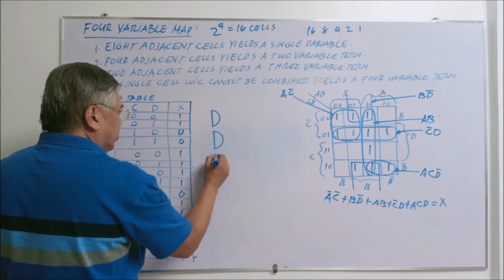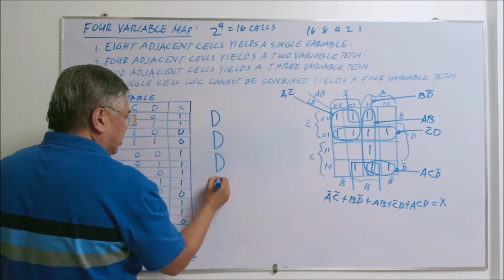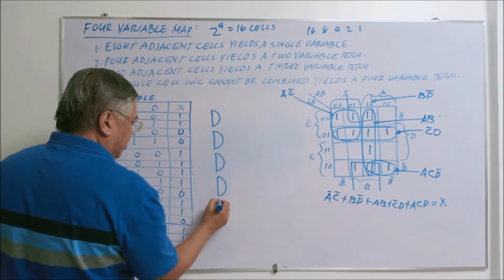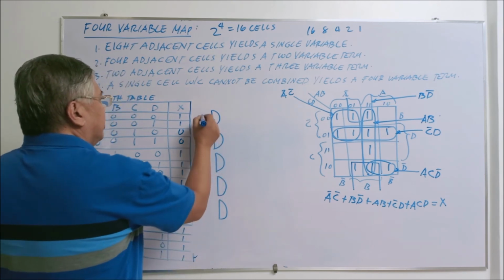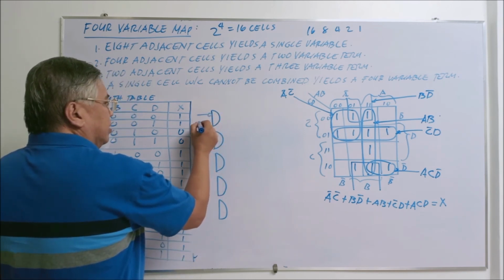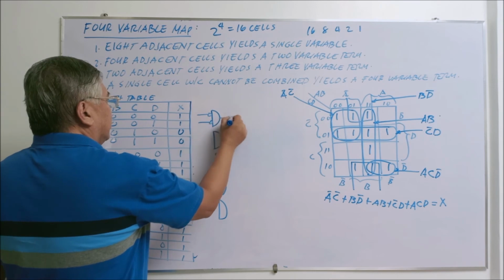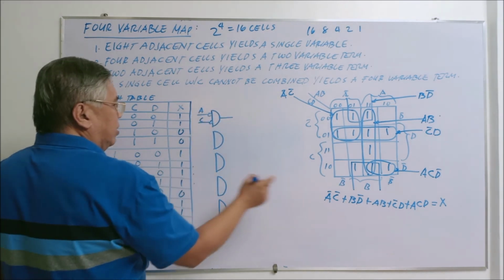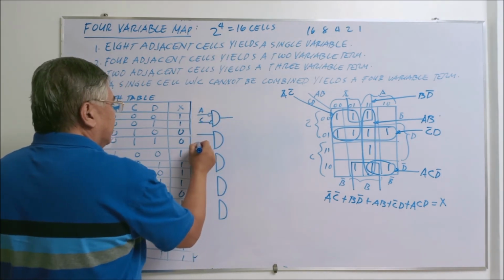So you have inputs A bar, C bar. Then you have B, D bar.